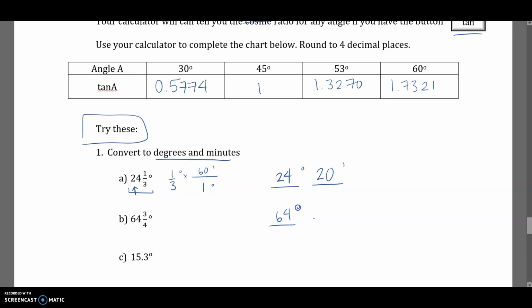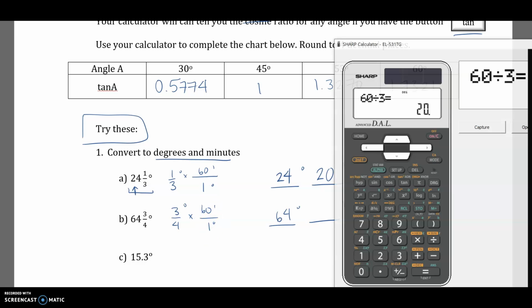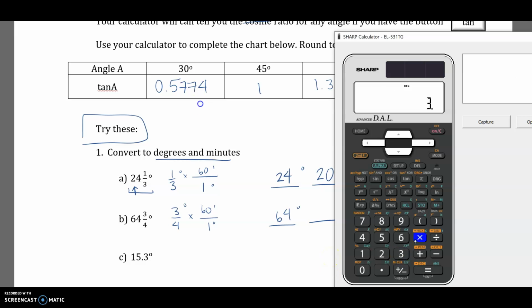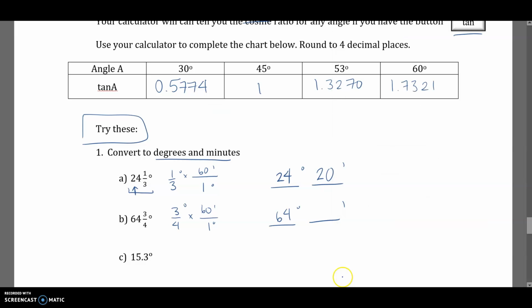I know we have 64 whole degrees. I'm going to convert 3/4 of a degree into minutes the same way. My conversion fraction is 60 minutes in 1 degree. So I can do 3 times 60 divided by 4, and I get 45 minutes. So 3/4 of a degree is 45 minutes.